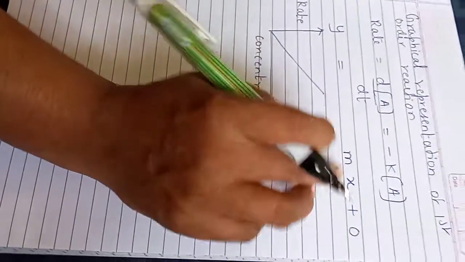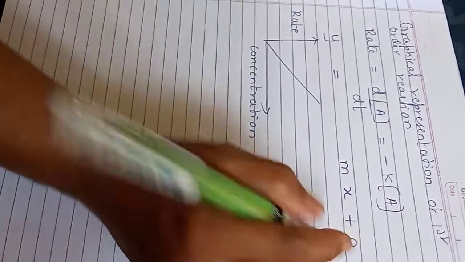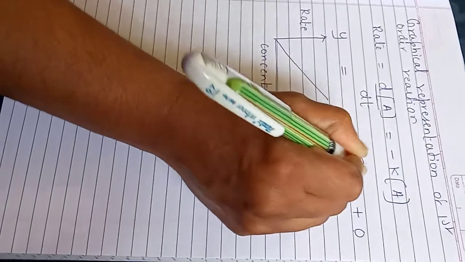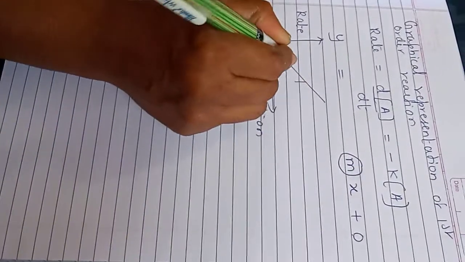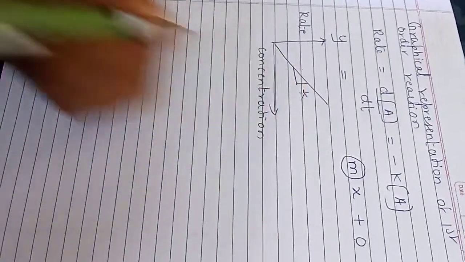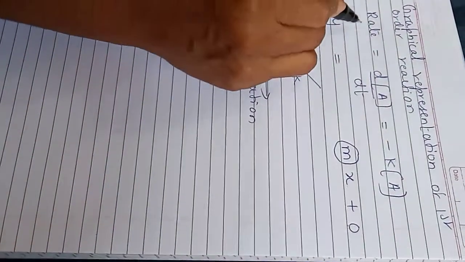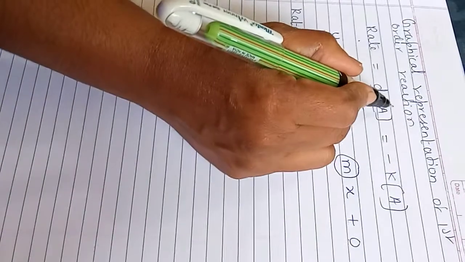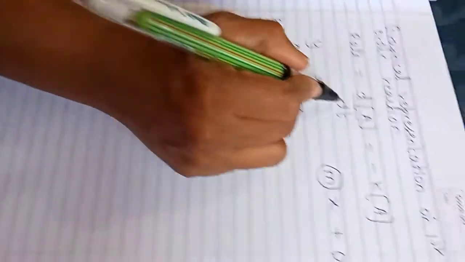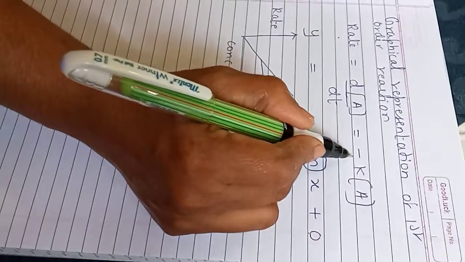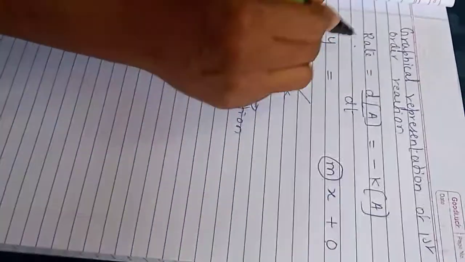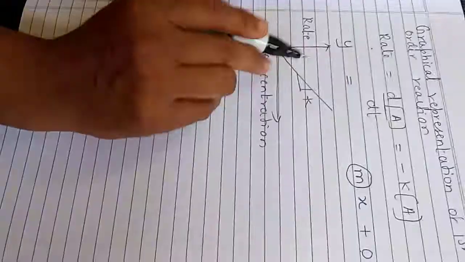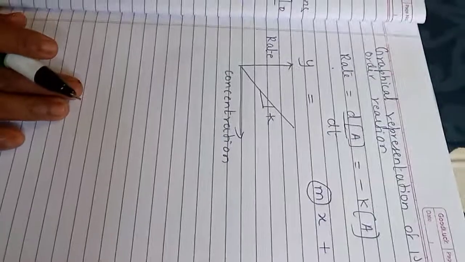You know y is equal to mx plus c, intercept is 0 here. Slope is the rate constant, so when you plot it you get the value of rate constant. Understood? This is the graphical representation of first order reaction where the rate, change in concentration of the reactant per unit time, is equal to minus k concentration of A. Rate is y, k is m, x is concentration of A. You get this graph as shown here.